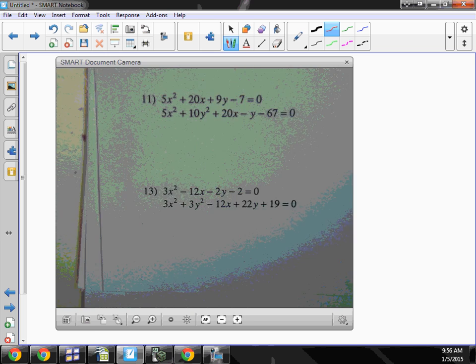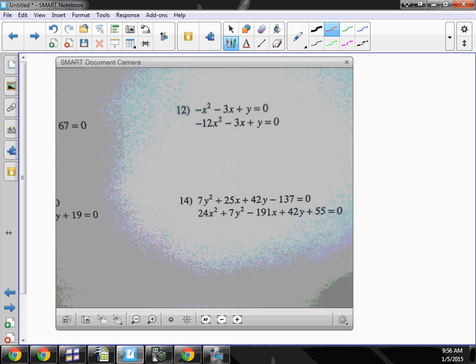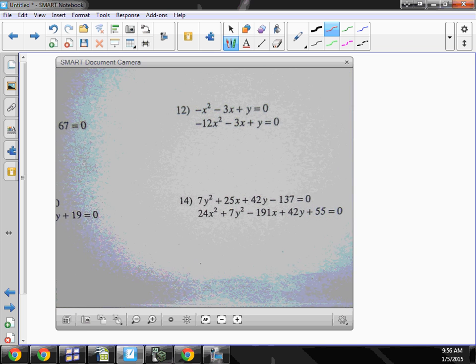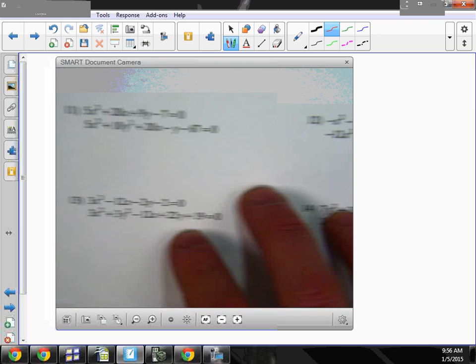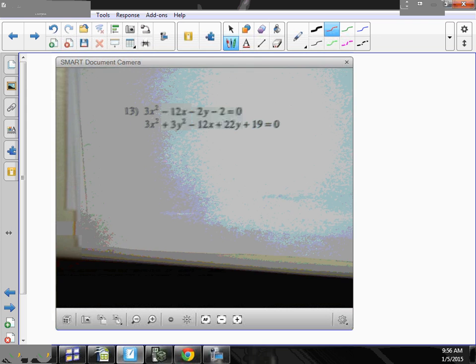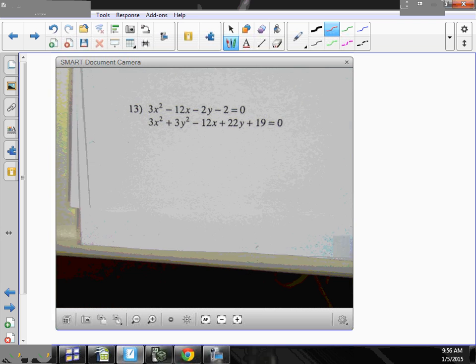So if you take a look at number 12, what do you need to do in order to eliminate? Change the signs on one of them, and the nice thing is, not only do the y's eliminate, but the x terms also eliminate. So that's actually a really easy problem. Okay, what can you eliminate here?